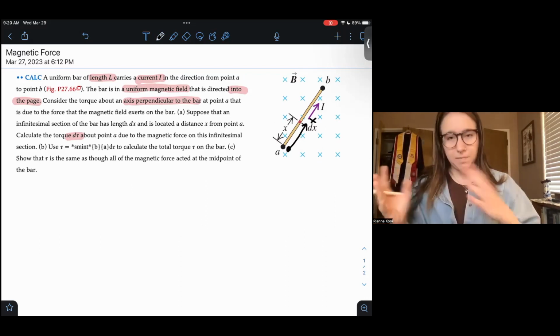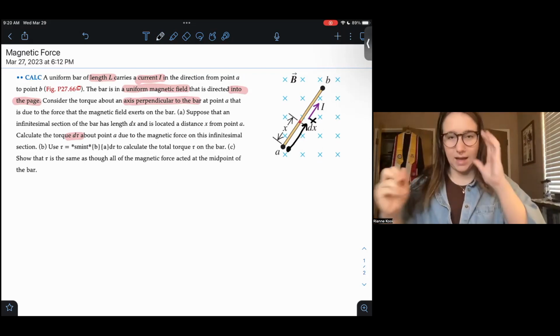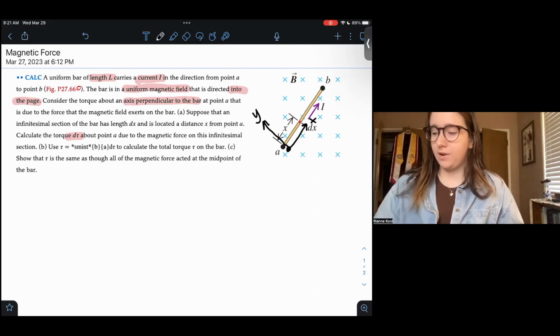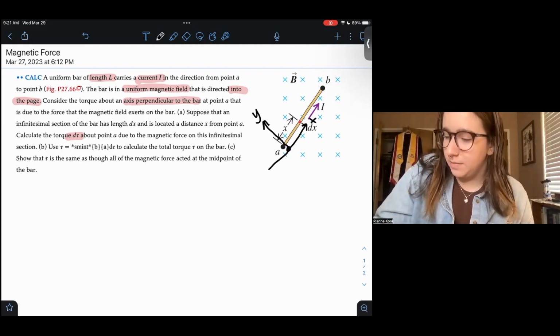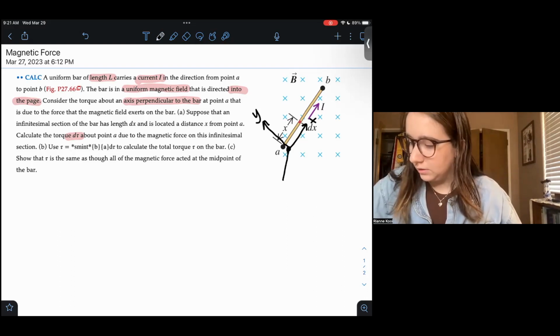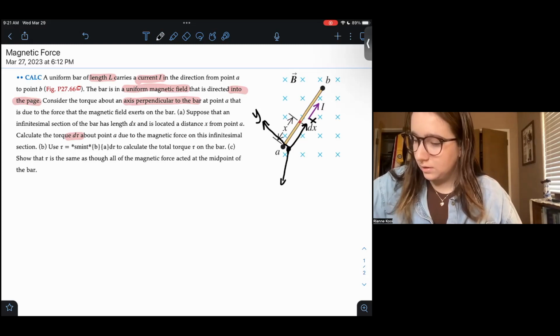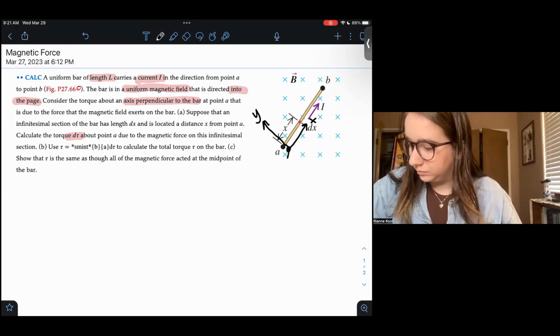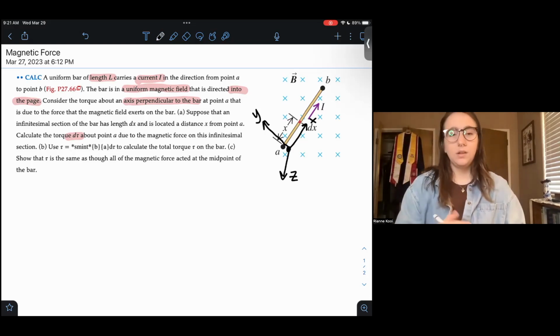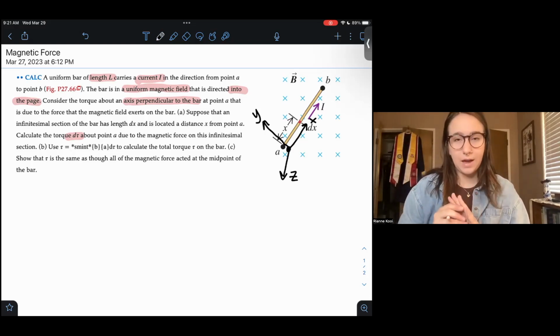Since we're just tilting the axis, I'm going to say that the y direction looks like this. And then our z direction is coming out of the page like this. So cool, now we have our axes.